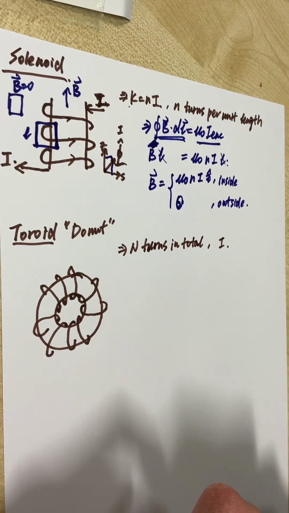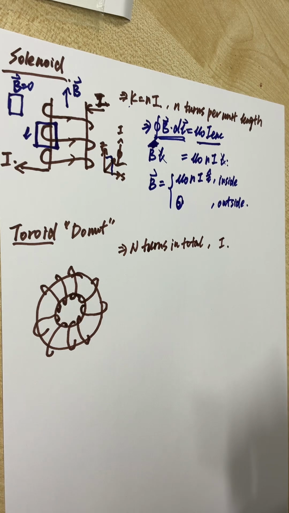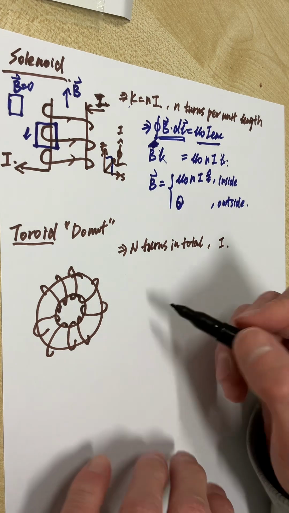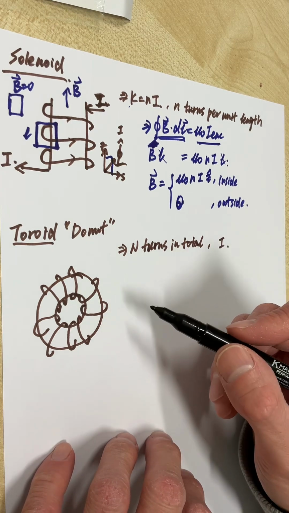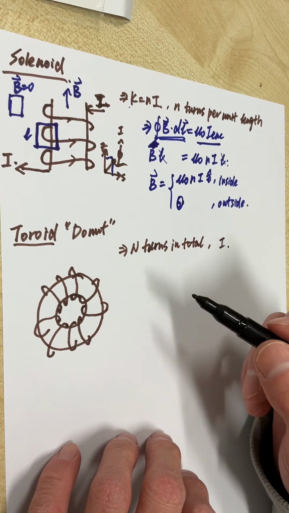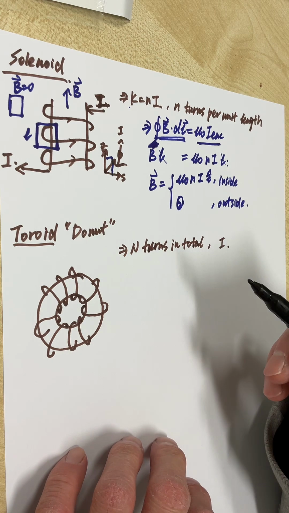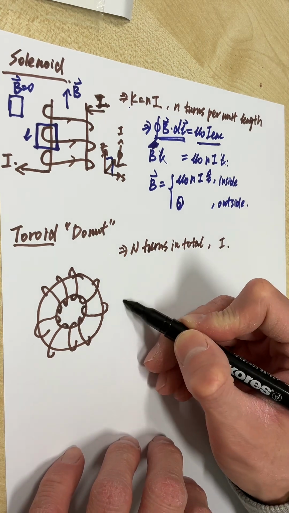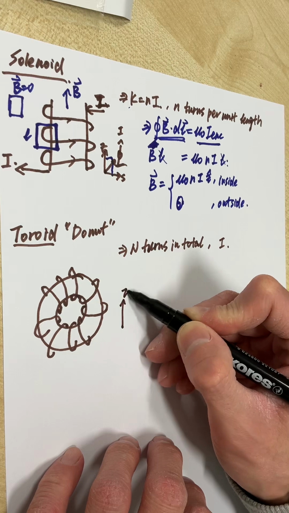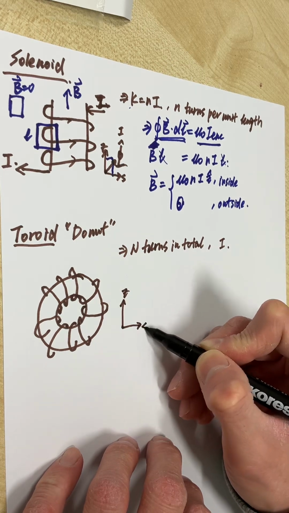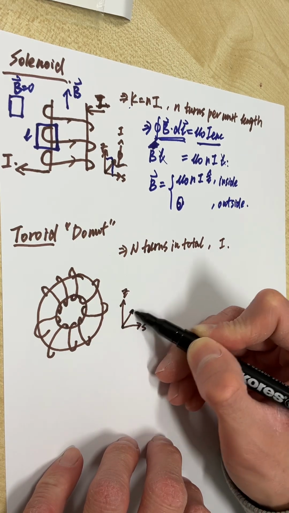Okay, so now we need to decide on the Amperian loop. This also is easier to analyze based on the cylindrical coordinate system. So we have Z, we have S, and then we have phi.